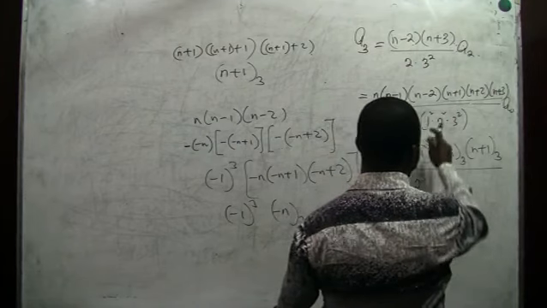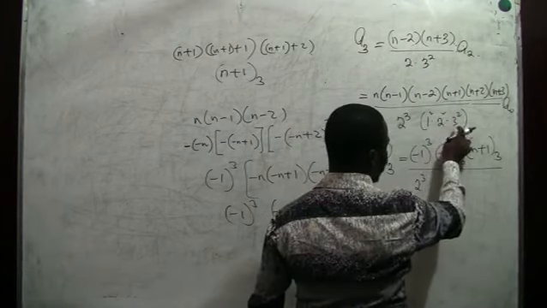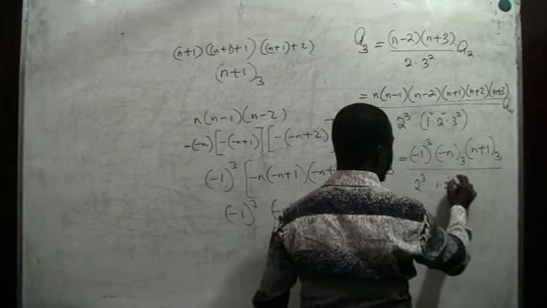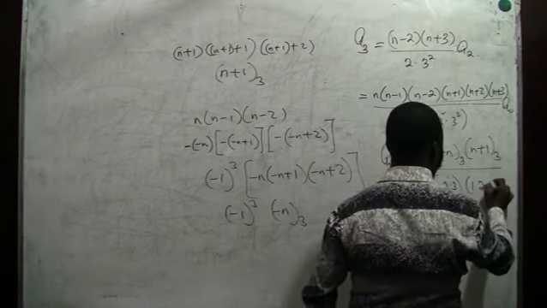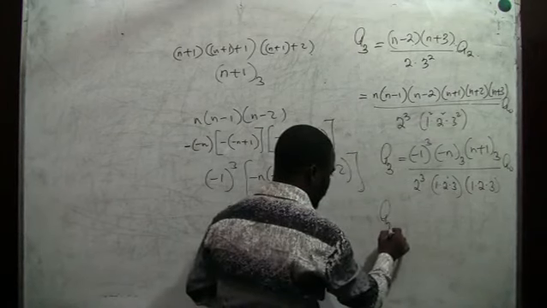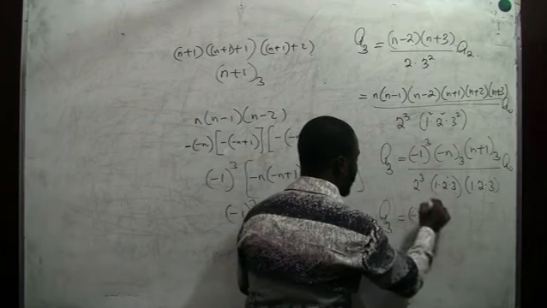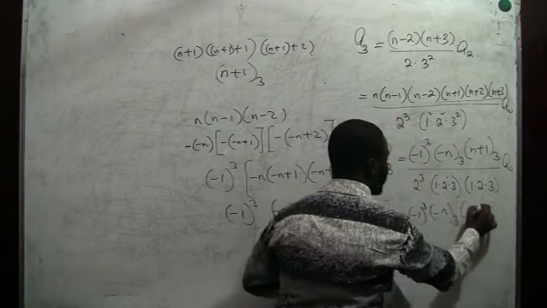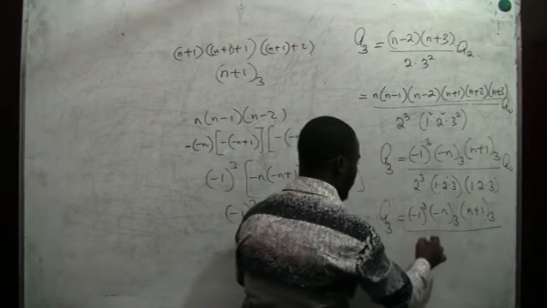Then I have what we can duplicate as 1 times 2 times 3, and at the same time 1 times 2 times 3, then a naught. So that a3 becomes minus 1 raised to power 3 minus n sub 3, n plus 1 sub 3 divided by 2 raised to power 3.